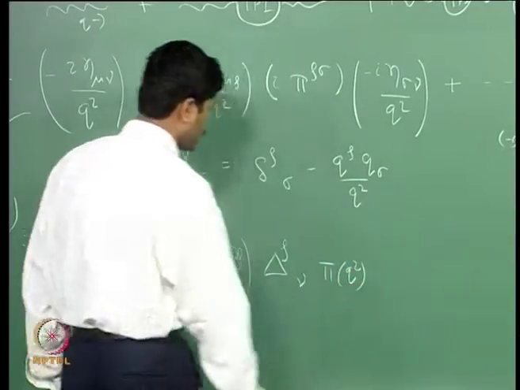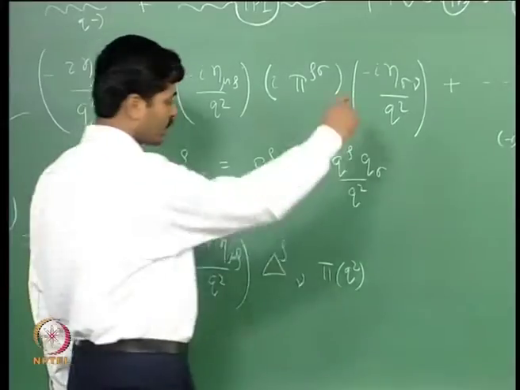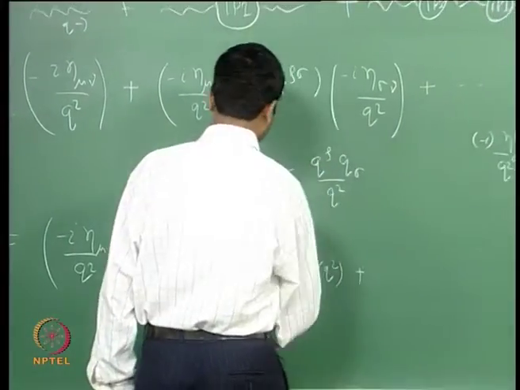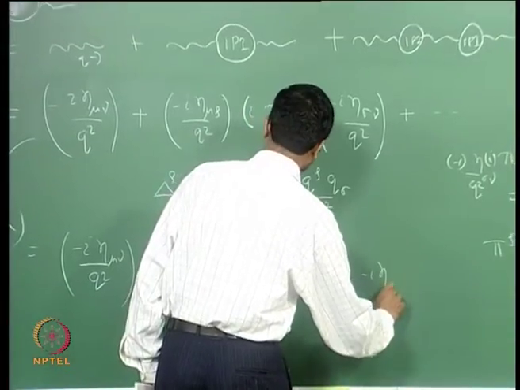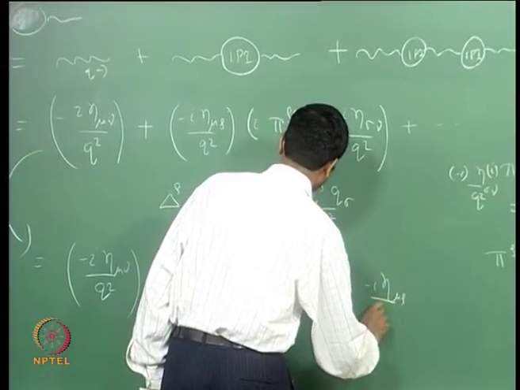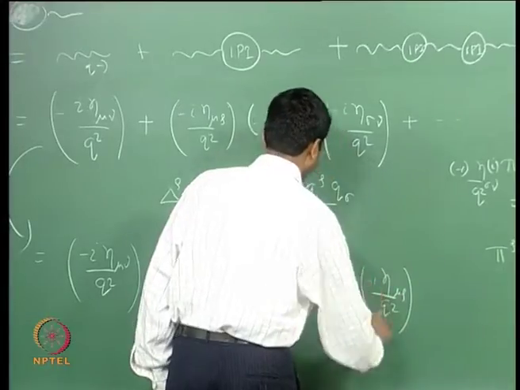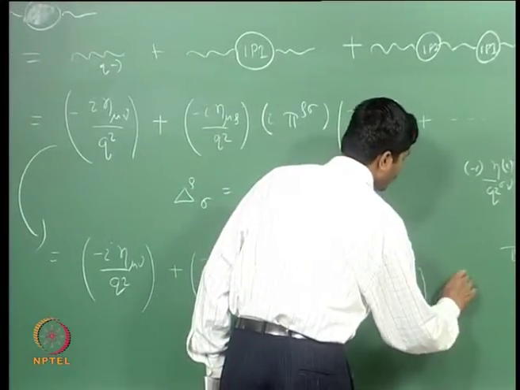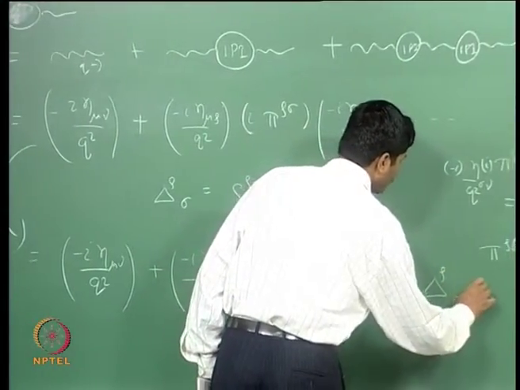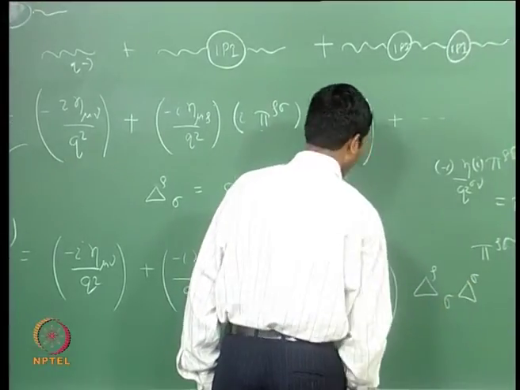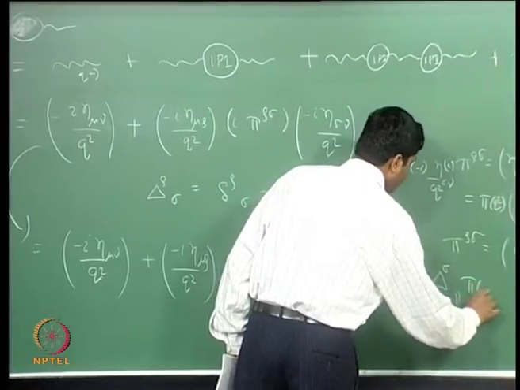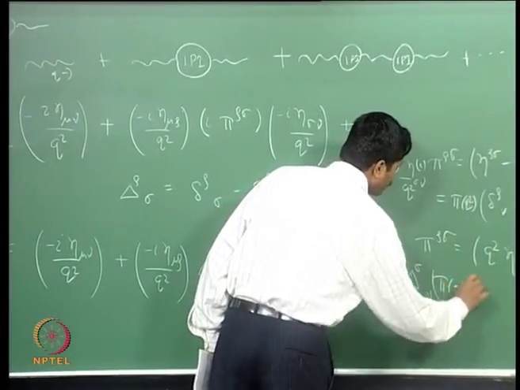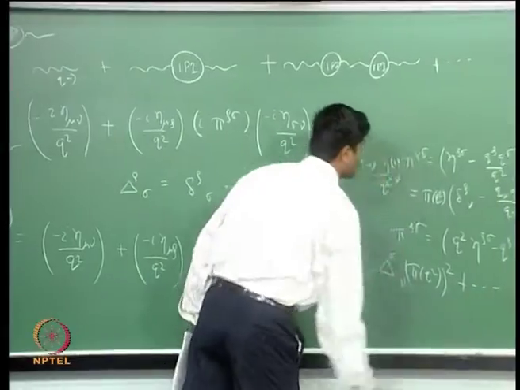So, delta rho nu times pi of q square. The next term will again involve minus i eta mu rho divided by q square. Then you will have delta of rho sigma, delta of sigma nu, pi of q square whole square, and it will continue.